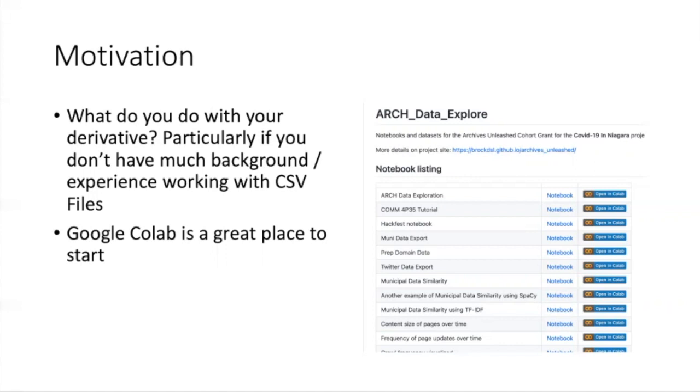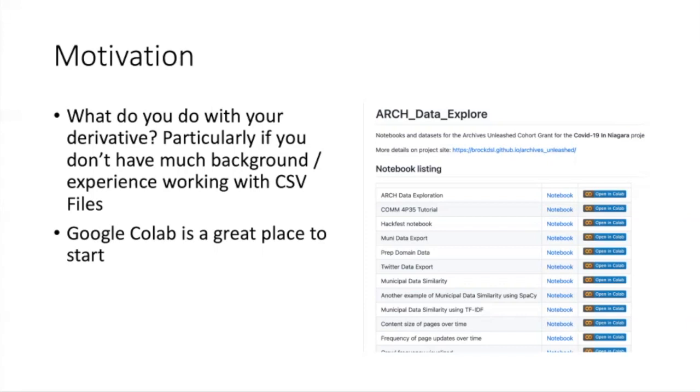Google CoLab is a great place to scaffold up and create an environment that runs pretty consistently, to let users experiment with these files and create different pieces of analysis.